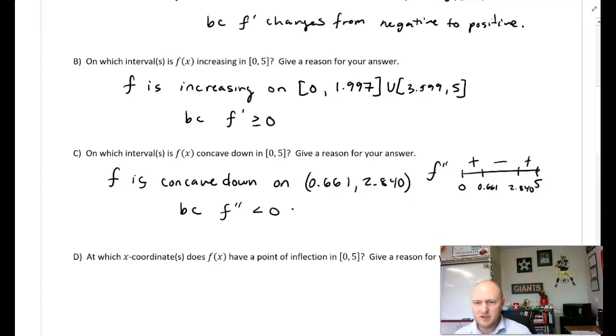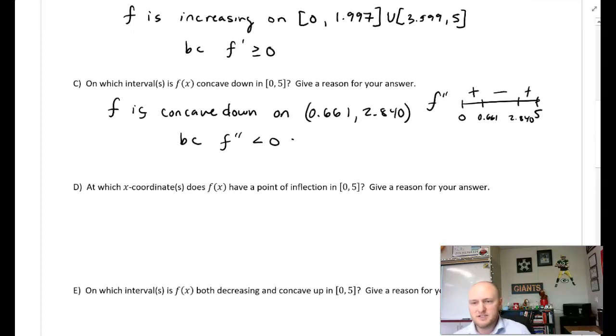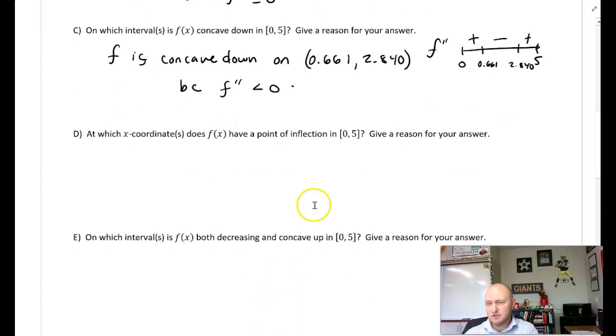Okay, at which x coordinates does f of x have a point of inflection? Well, whenever we change concavity, it looks like it happens 2 times at both of these values.